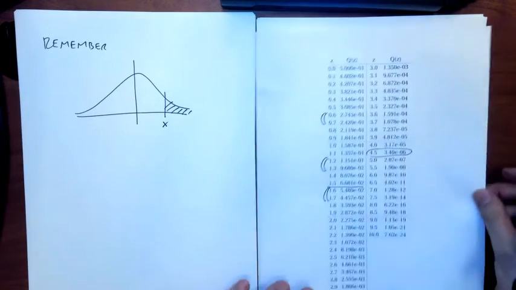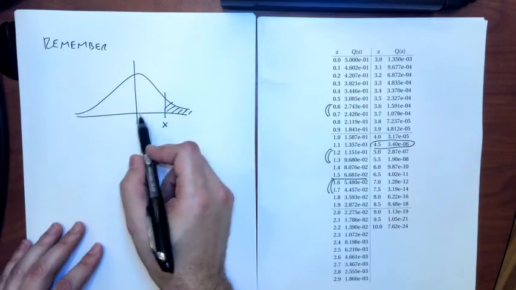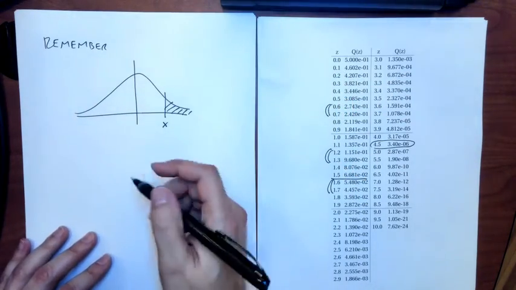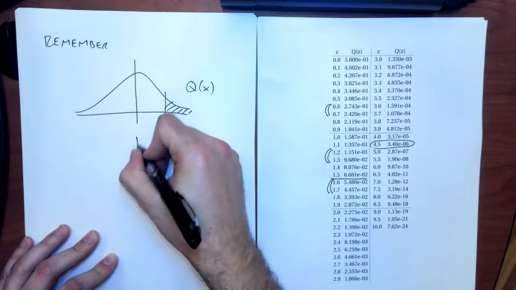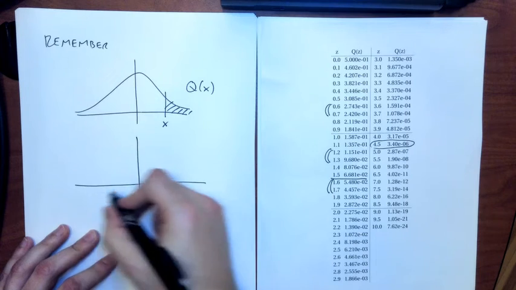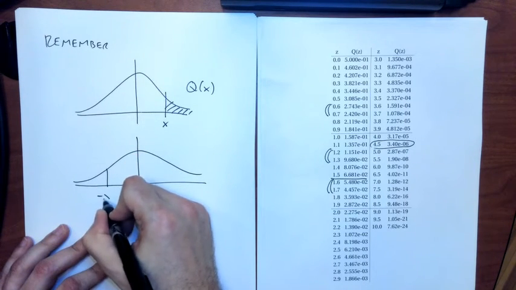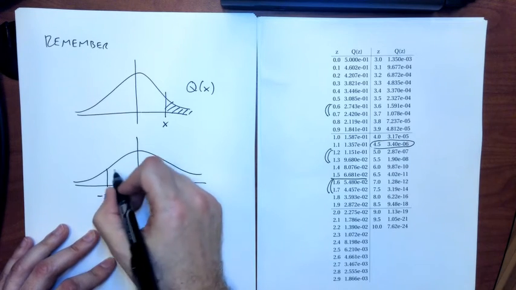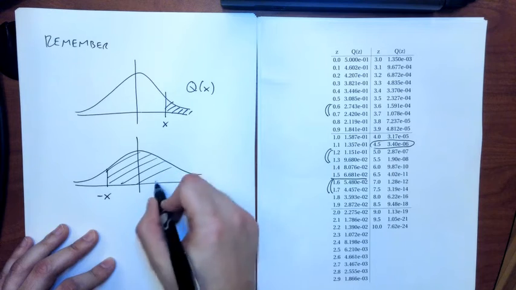Here, this Q table starts at 0 and says that there's half of the distribution left in that tail, right? So this is Q of x. What if I had negative x, right? That would be like saying how much is left here, right?